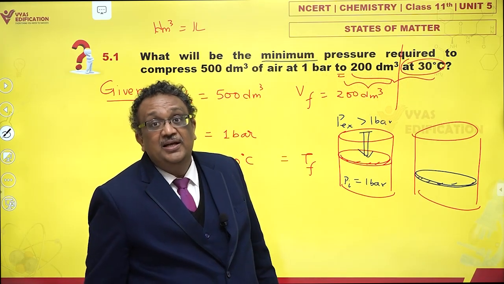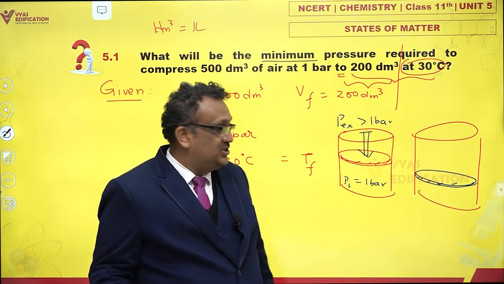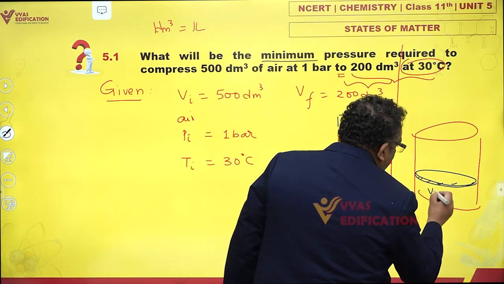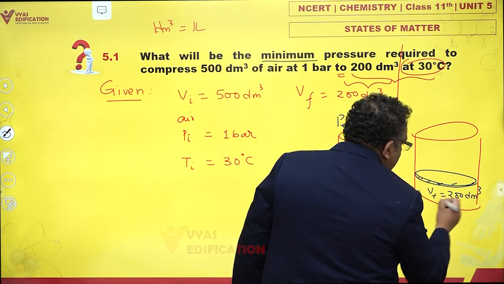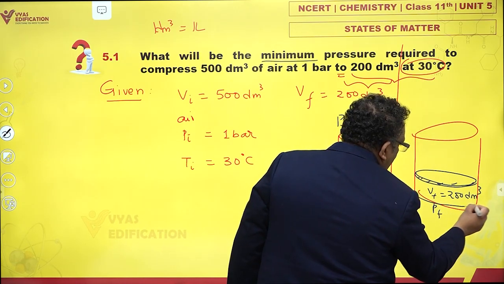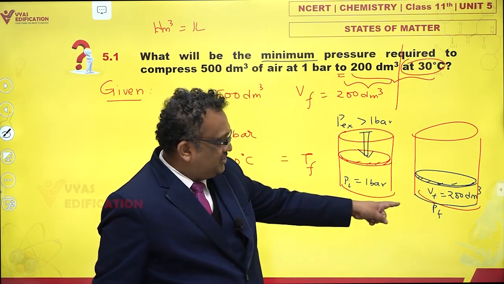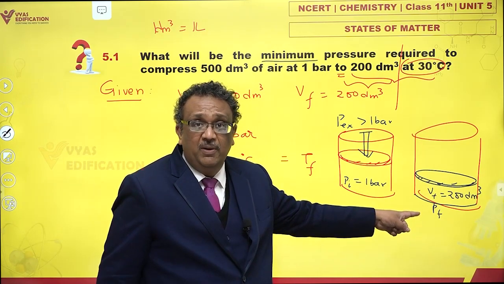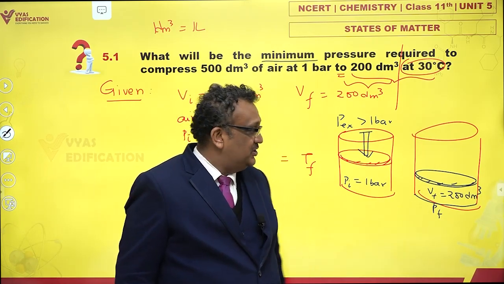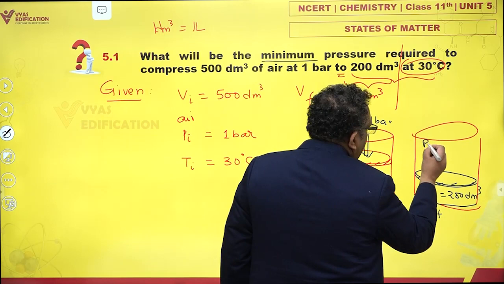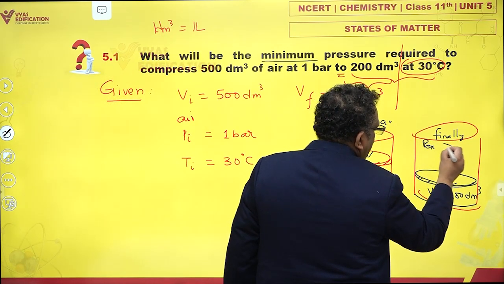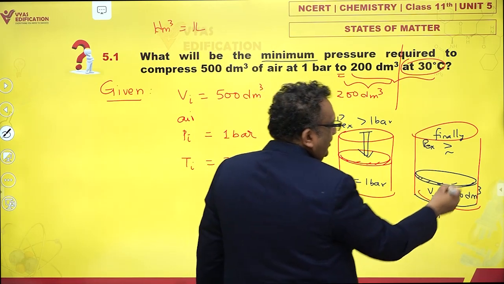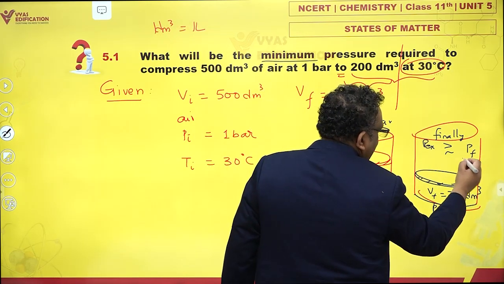So do you see that the pressure outside, if it is just more than 1 bar, is not sufficient. It has to be at least so large that finally, at the final volume of 200 decimeter cube, there is some final pressure, right? And you should be able to compress it till that final pressure. Agree? That means P external finally should be at least a little more than P final inside.